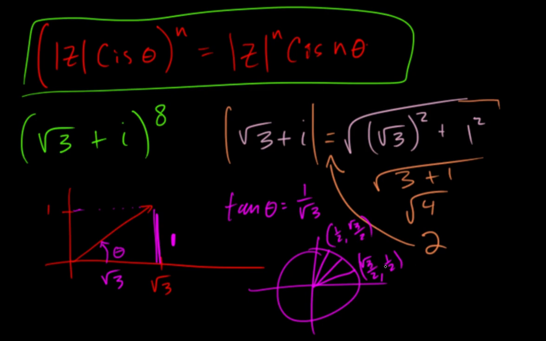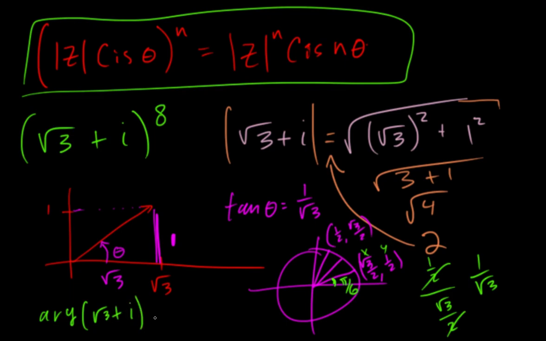So we want the square root of 3 to be on the bottom. So since this is y, this is x. This is going to be our choice because it's going to be 1/2 over square root of 3 halves. These cancel and we're left with what we started with. Now that's the first tick mark, which is pi/6. So the argument of square root of 3 plus i is equal to pi/6.